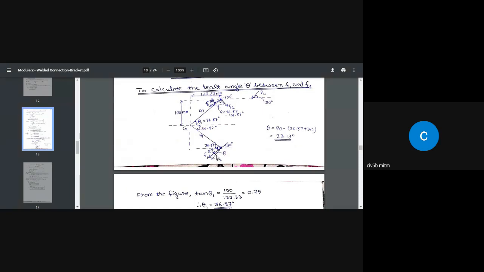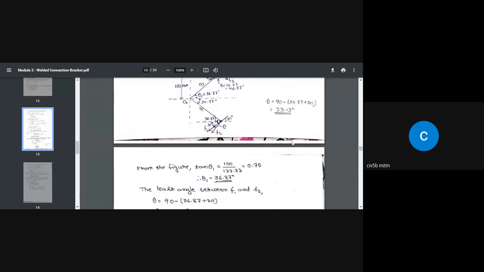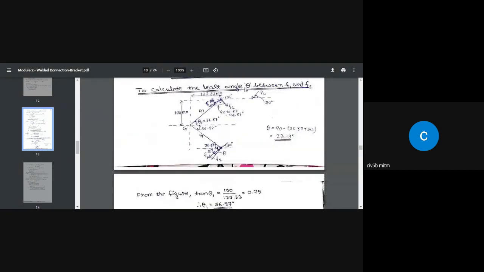So the angle between F1 and F2 is theta, which is equal to 23.13°. Is it clear to you? So out of these two, we will get a higher value of F when you take this angle theta, that is 23.13°. I hope this is clear to you now.